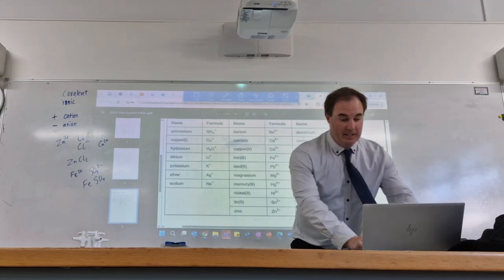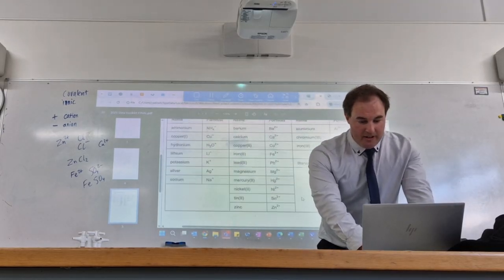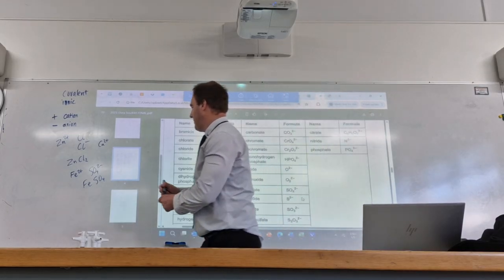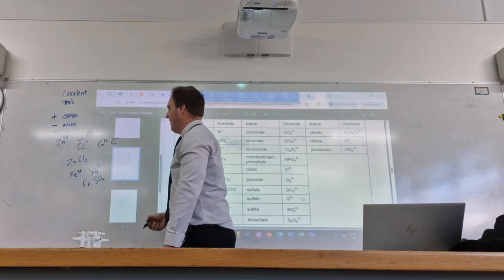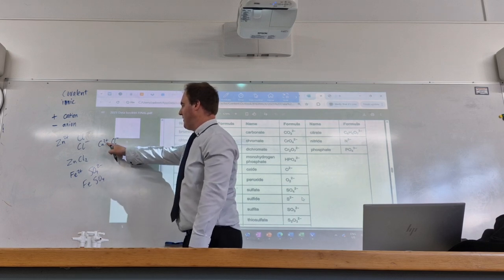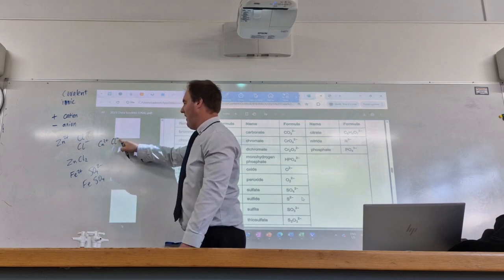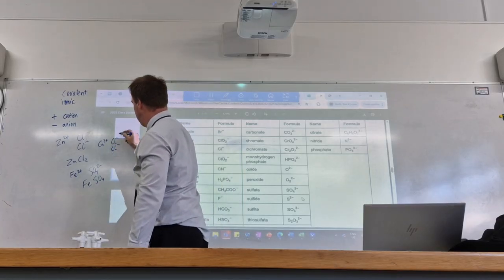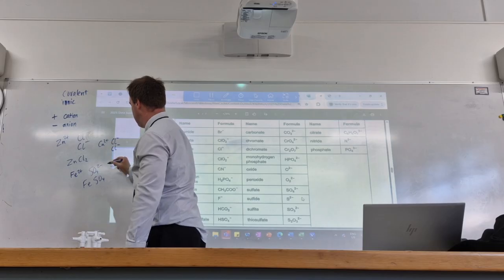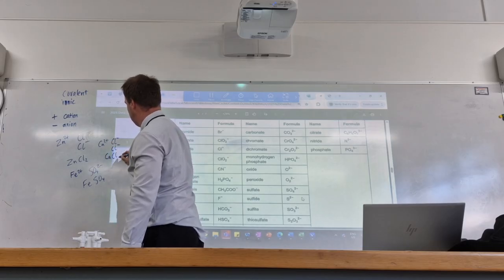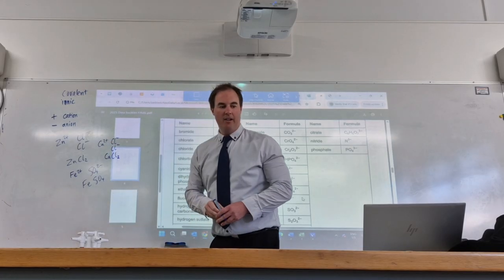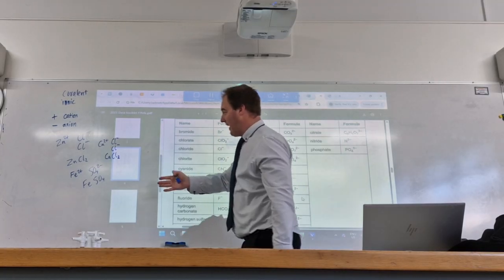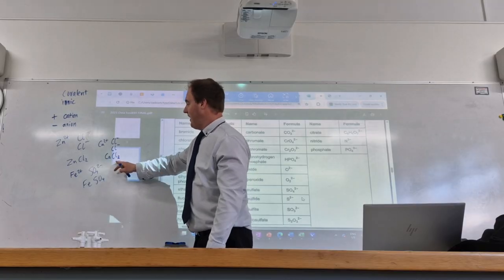And then it was calcium chloride. So we go to our chloride, and there it is, chloride, Cl-. Okay, we've got calcium with the 2 positive charge, and chloride with a 1 negative charge. So we need 2 of these, 2 negatives, to balance out this 2 positive. That's why it's CaCl2.